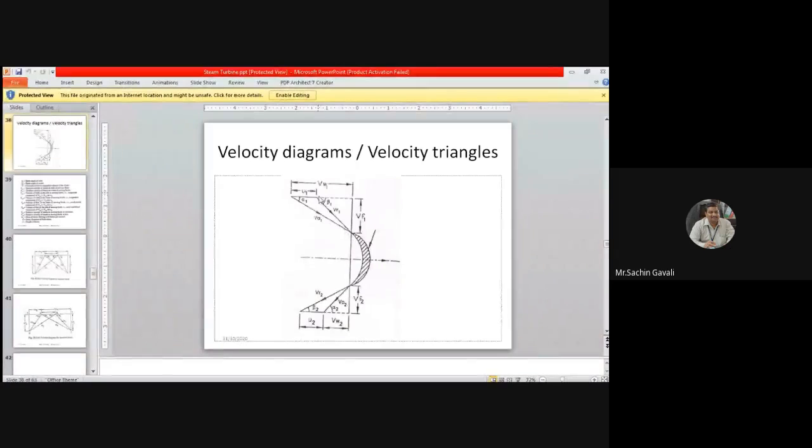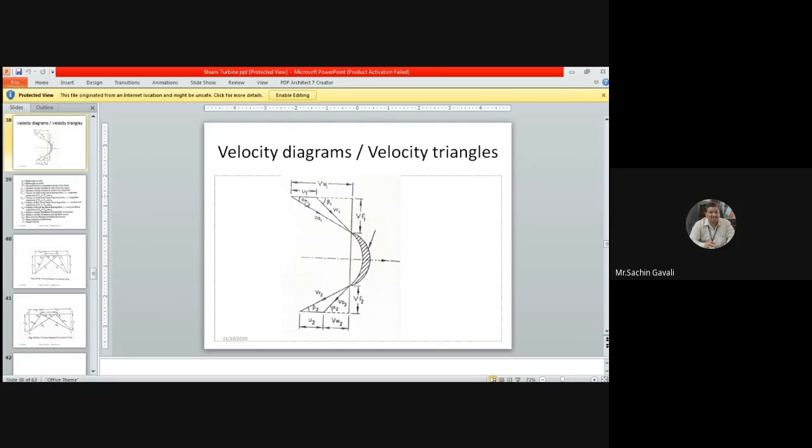If you resolve and draw it here, this component is called VR1, the relative velocity component of steam. Generally it is the relative speed difference between the steam and blade. When the steam impacts the blades of the turbine, the blades are moving with very low velocity compared to steam.